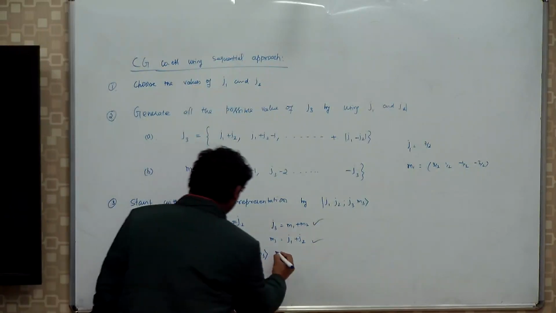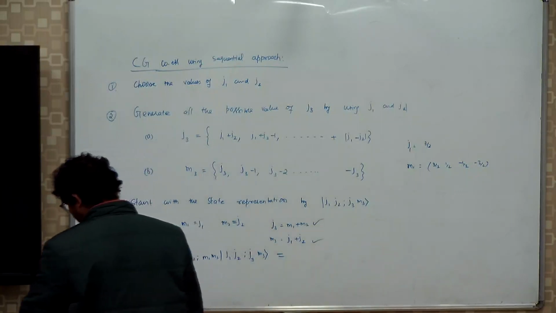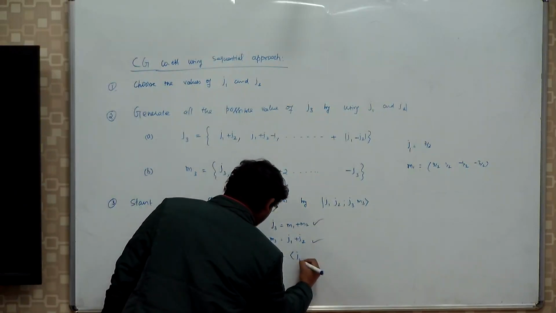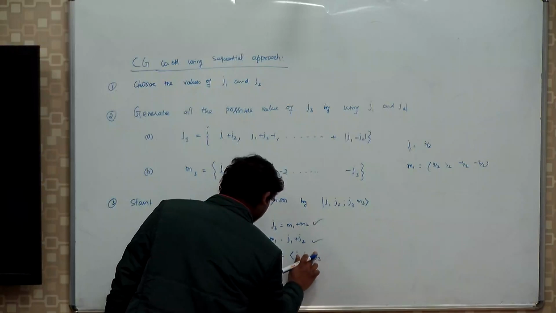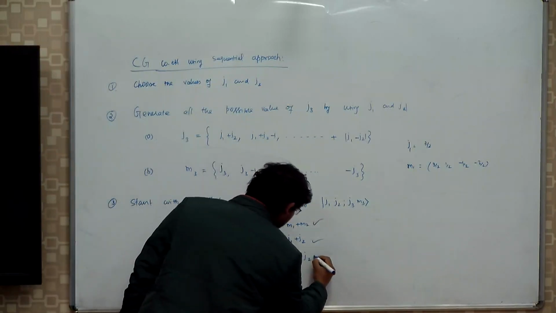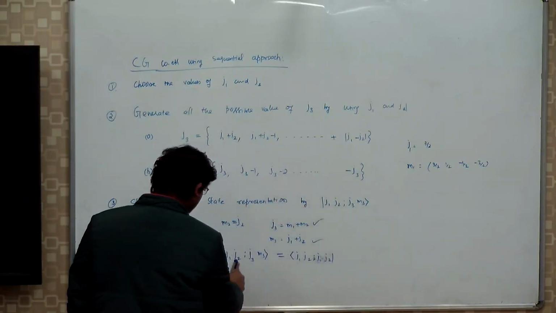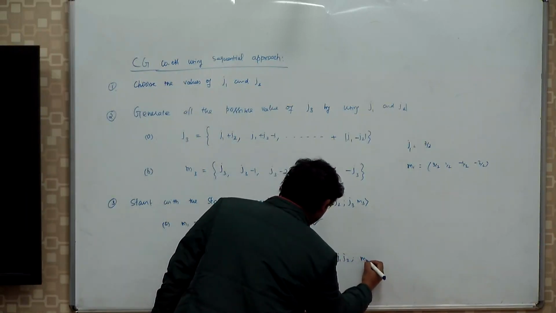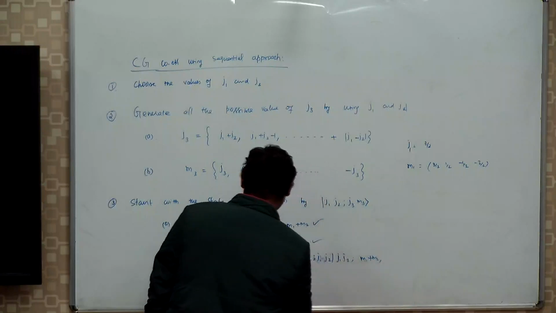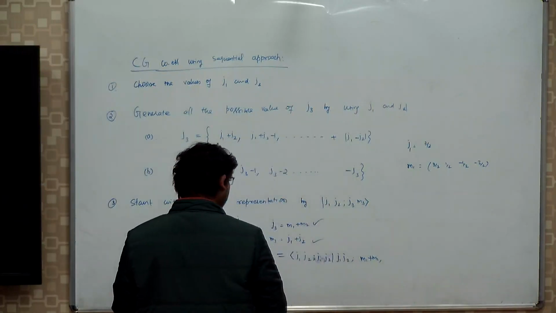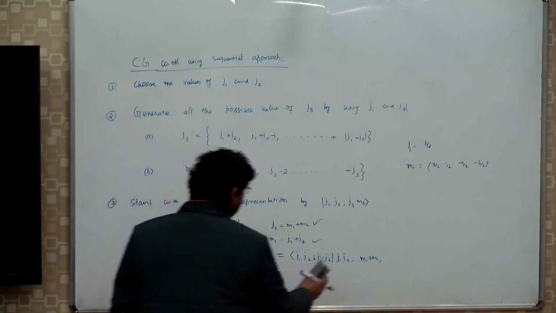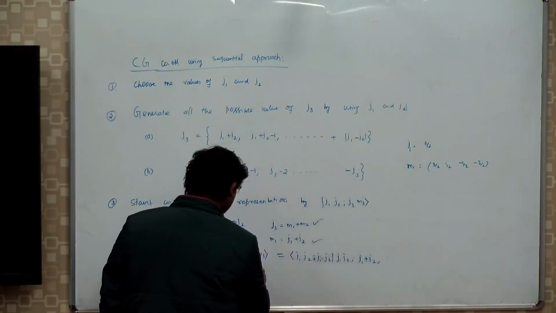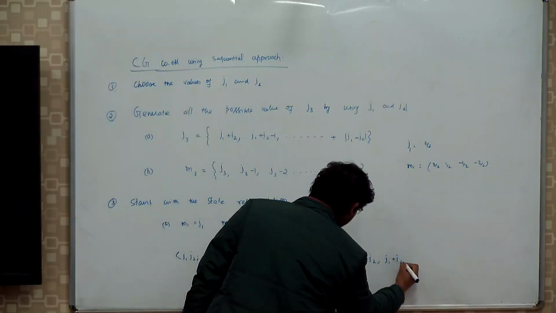So by using these conditions, one can easily write j1 j2, then j3 as j1 plus j2, then m3 is again j1 plus j2.